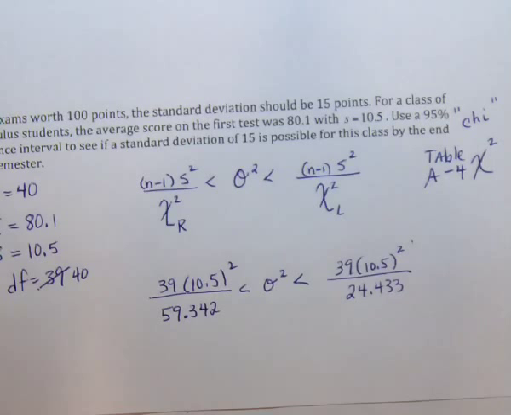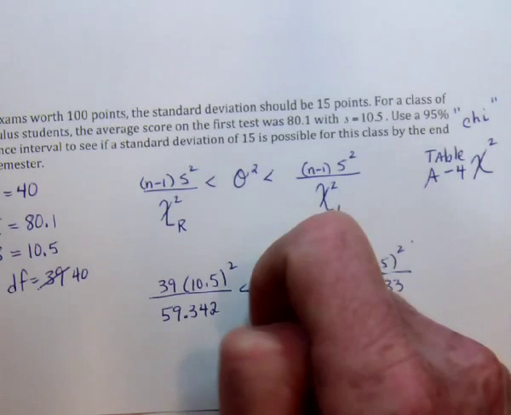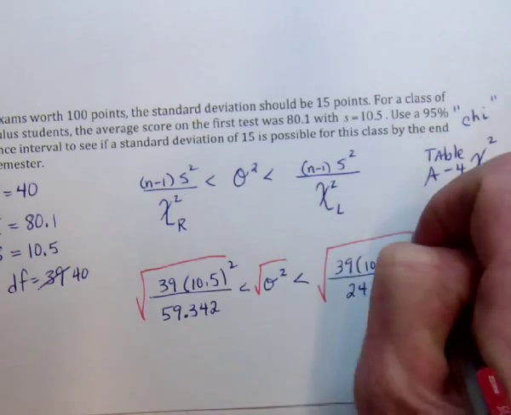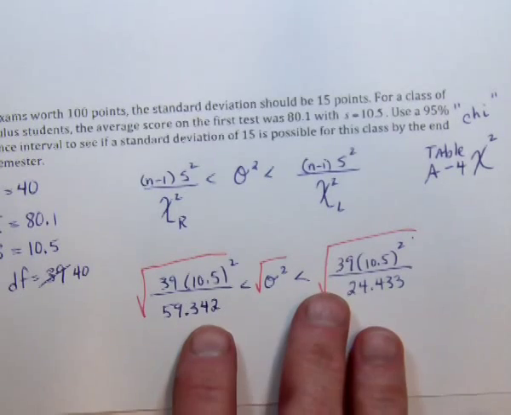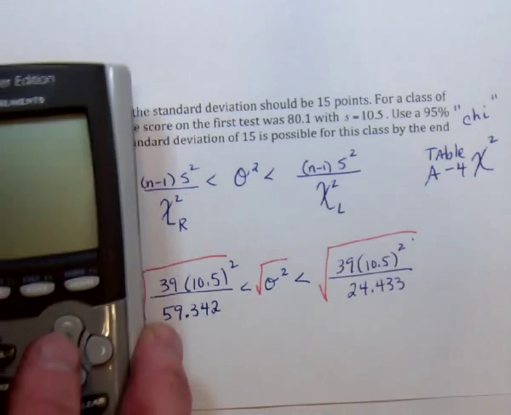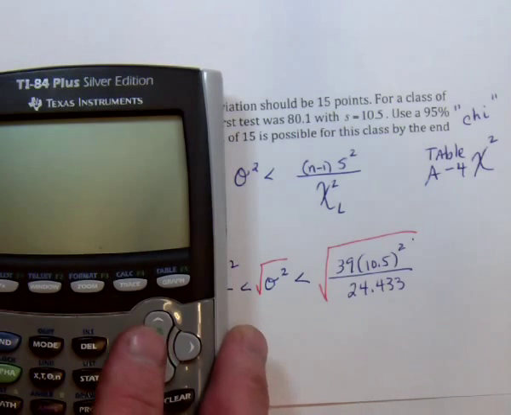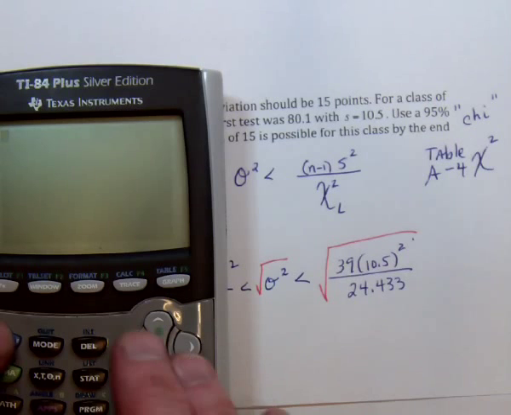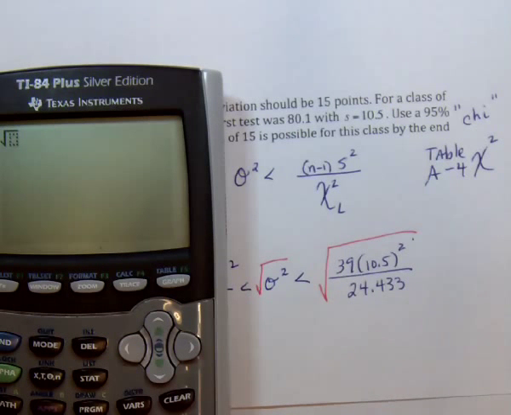Then, since we need to solve for the sigma, we have to get rid of the square. So, take the square root of both sides. And then, use a calculator. So, it's going to be the square root, then there's a 39 times a 10.5, which is squared.